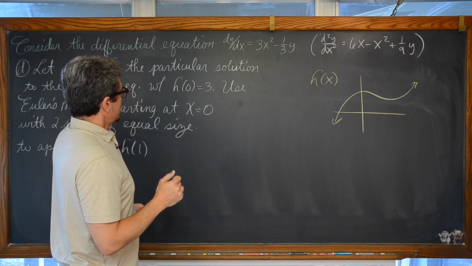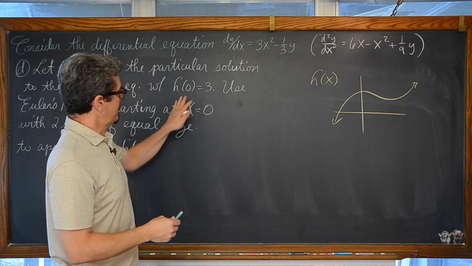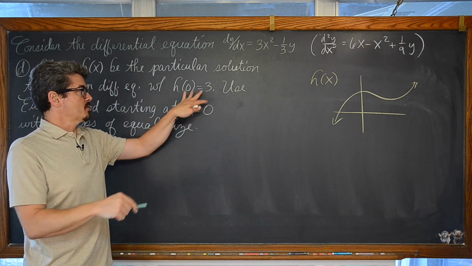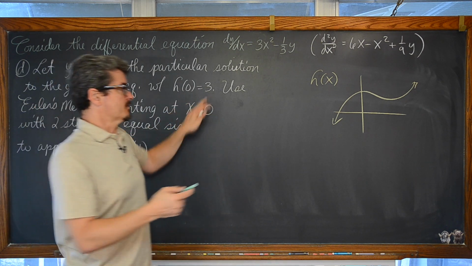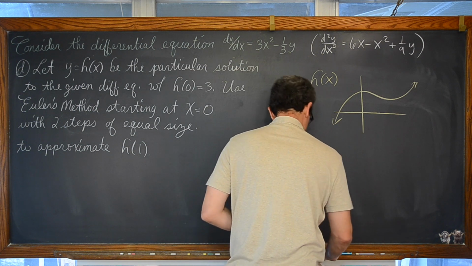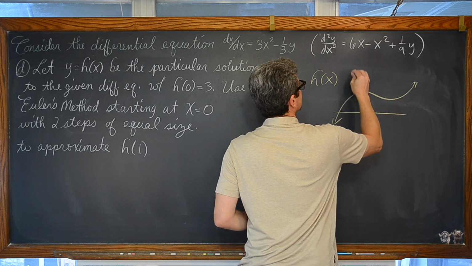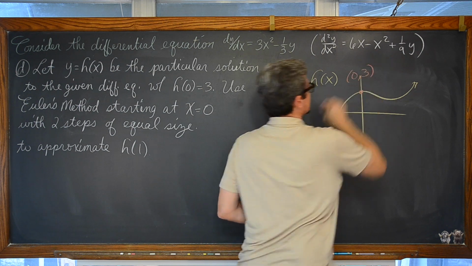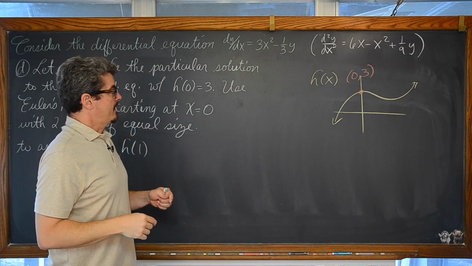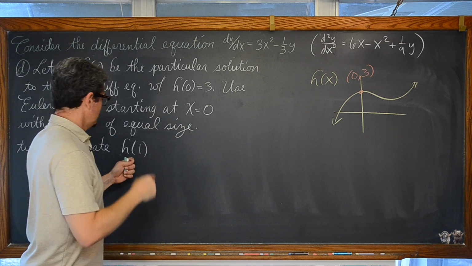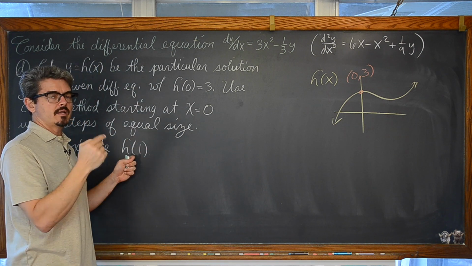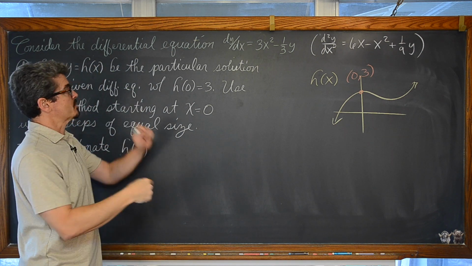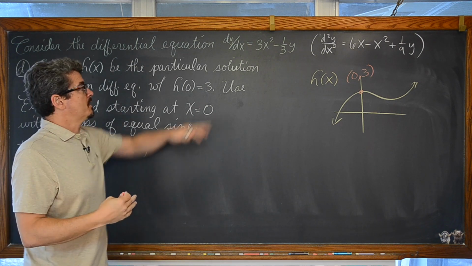And we're going to say, hey, we know that at the x coordinate of 0, h is equal to 3. So we have this point, now this doesn't match what's necessarily going on, but there's some point at 3. And we can't really truly know exactly what h of 1 is equal to because we don't really know what function h is.